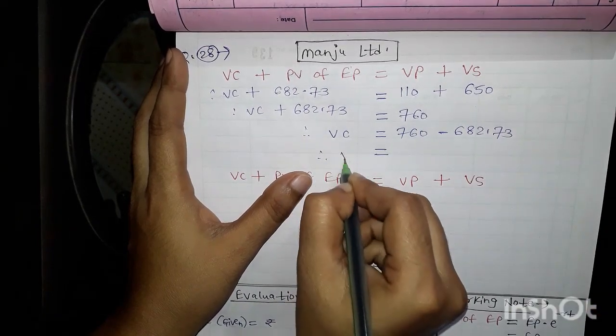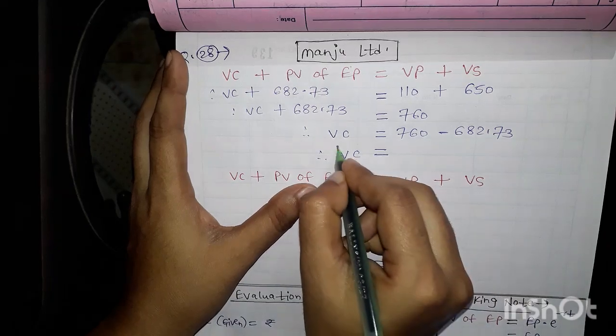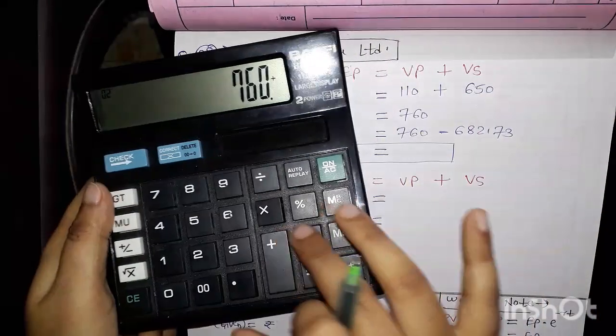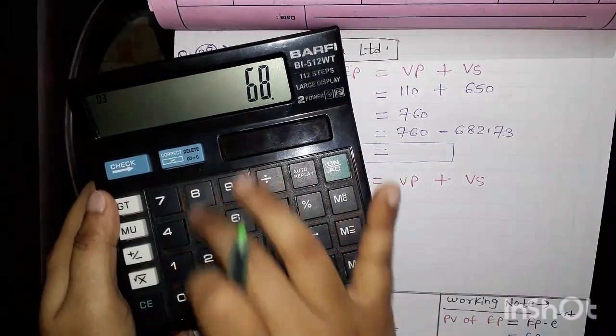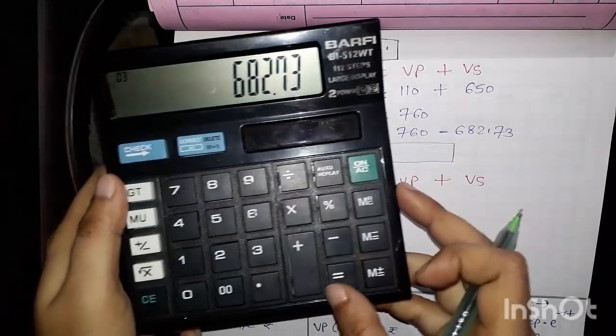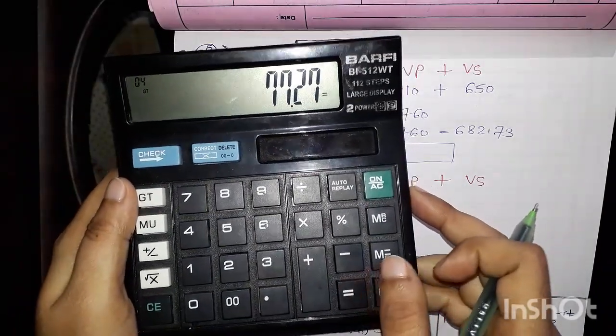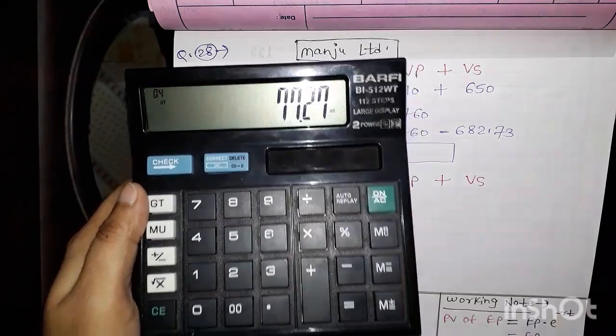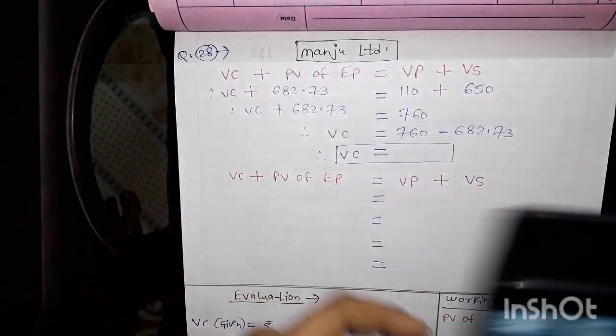Therefore value of a call: 760 minus 682.73, I am getting here 77.27.